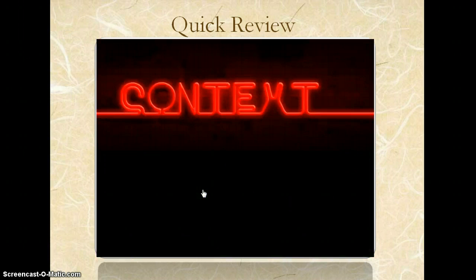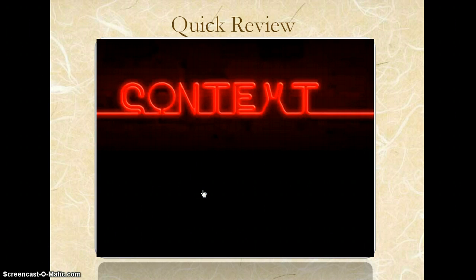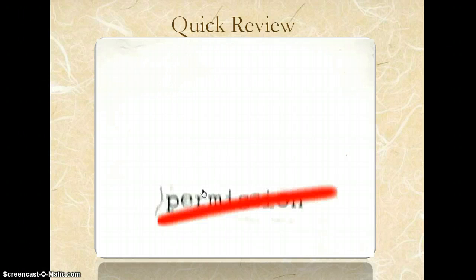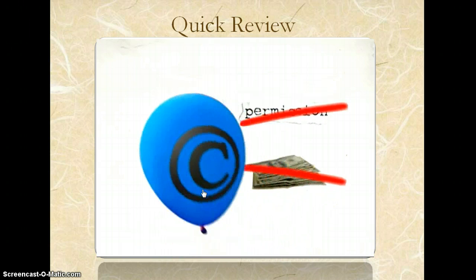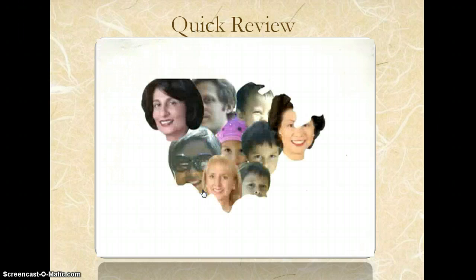Content and situation determine how it applies. Content and situation determine how it applies. We can use or quote copyrighted material without permission or paying a license fee. When the cost to the copyright holder is less than the benefits for society.